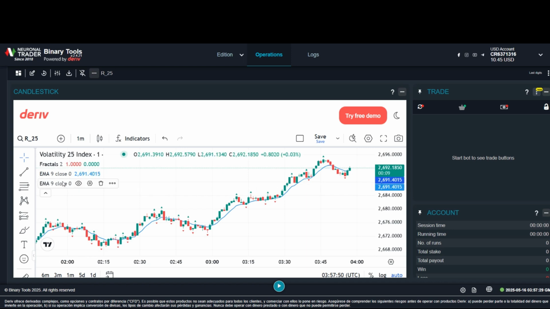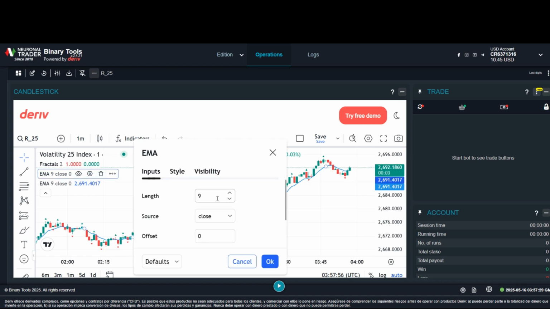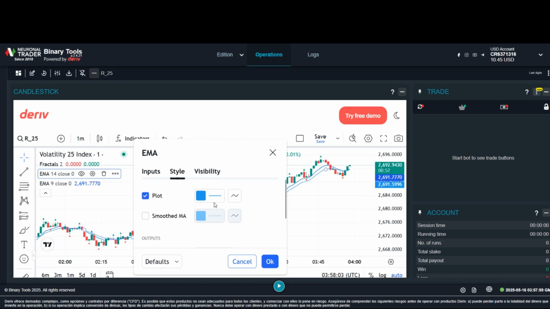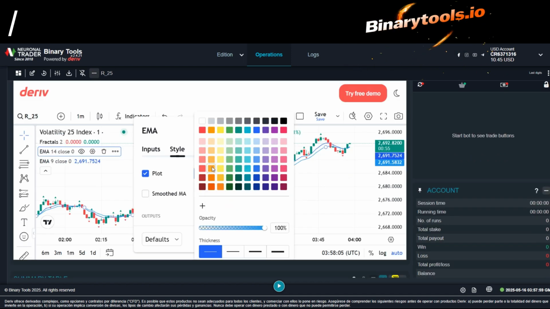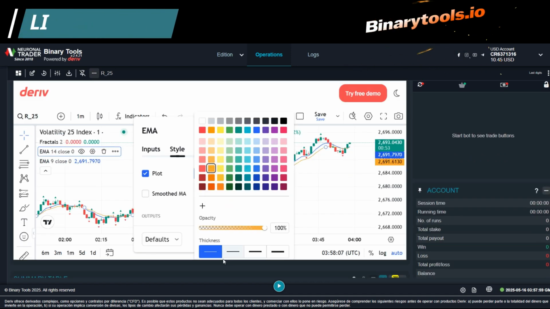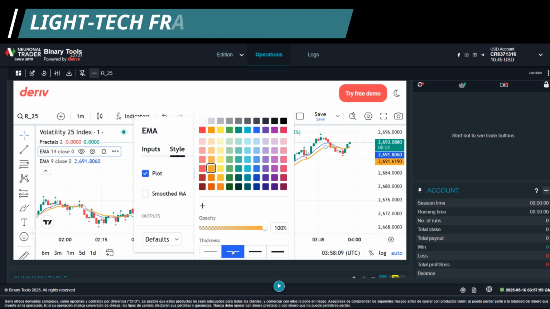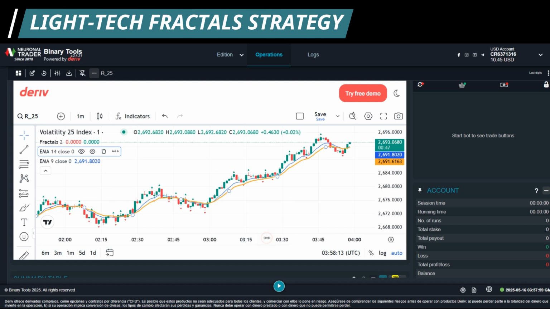The next thing is you just need to change the setting of this moving average. So let's go to the first one. For the first one, put 14. Put 14 here, then go to style. You can change the color you want here. For me, I will choose that one, and then I will increase the line a little bit so that I can see it. After that, I will click OK.